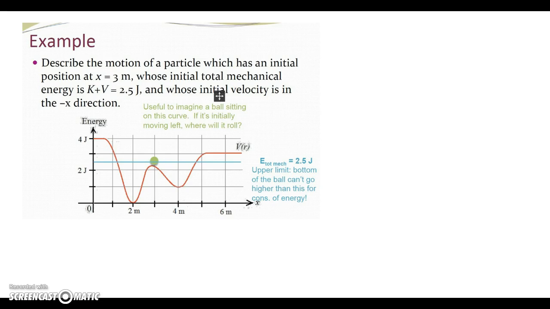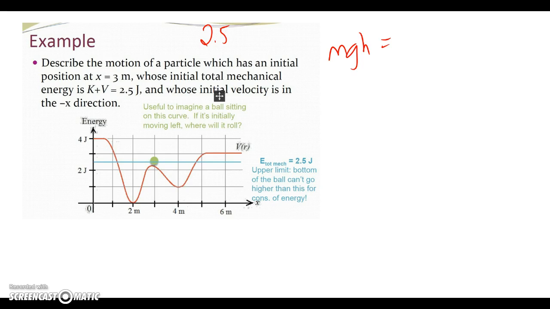Describe the motion of a particle which has an initial position at x equals 3. So his initial mgh, right, was mass, looking for the mass of the, okay, mgh, if his total initial, initial total is 2.5, right?